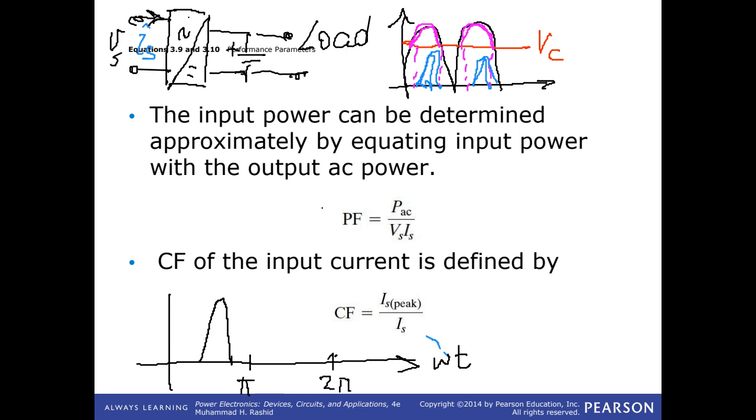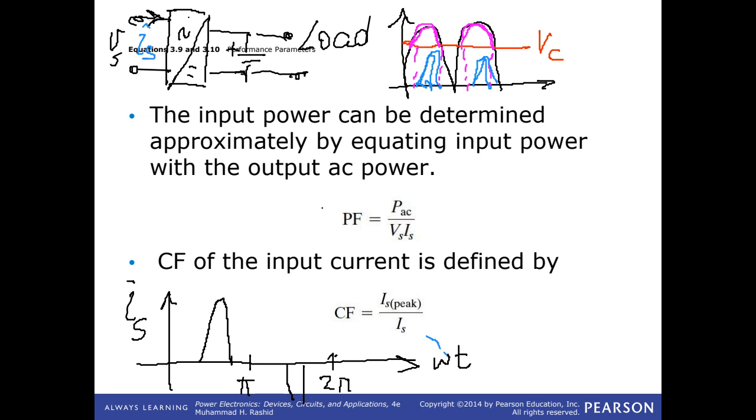If you draw it from the supply, it's going to be, of course, negative, supply current IS. So that means the RMS value of this waveform is very low, but the peak value is high.